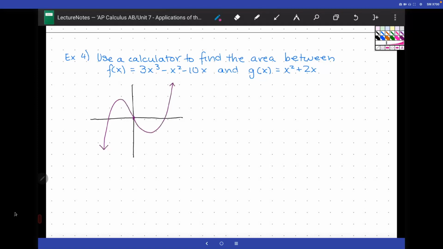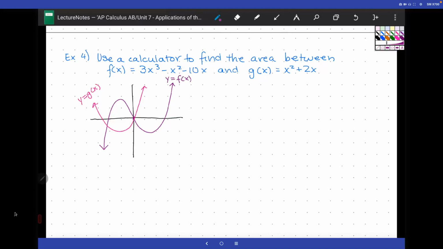And then I've got a parabola. Can't really tell if they're intersecting at the x-axis itself on my calculator. Doesn't quite look like it. So pink is g, y equals g of x. The purple is y equals f of x.